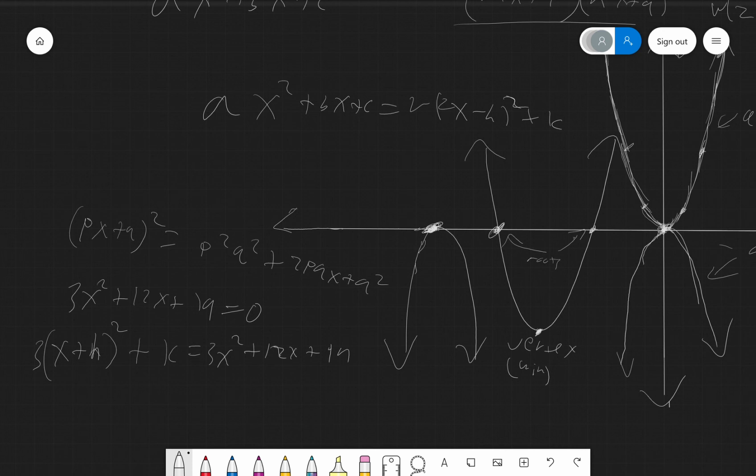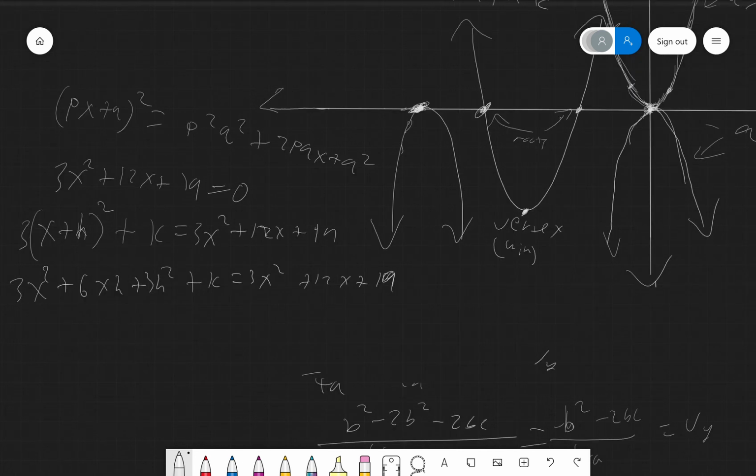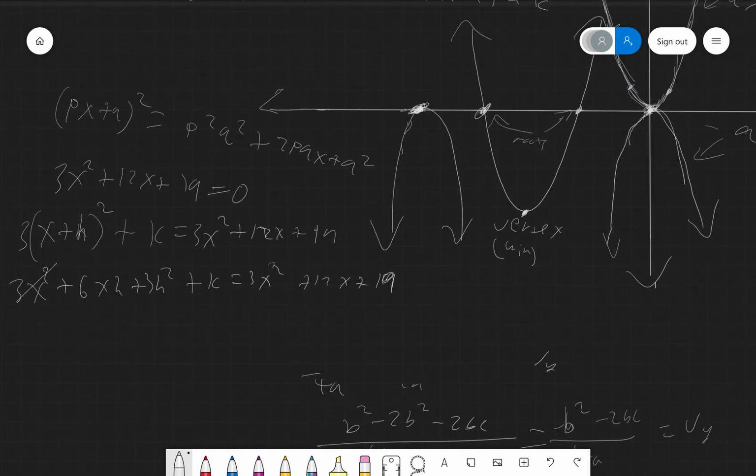So in this case, if we were to expand, we get 3x squared plus 6xh plus 3h squared plus k equals 3x squared plus 12x plus 19, yeah. Okay, so we cancel those, and what we could do is solve for h, or solve for k first.